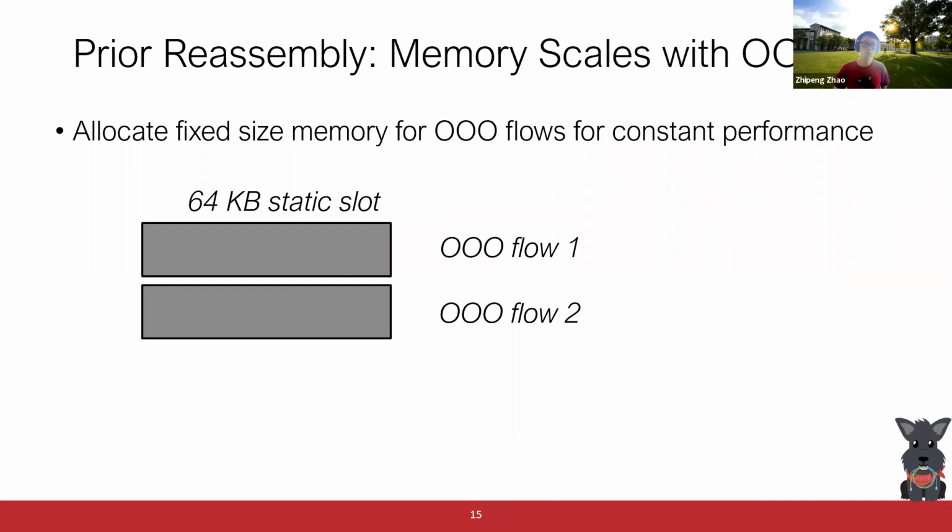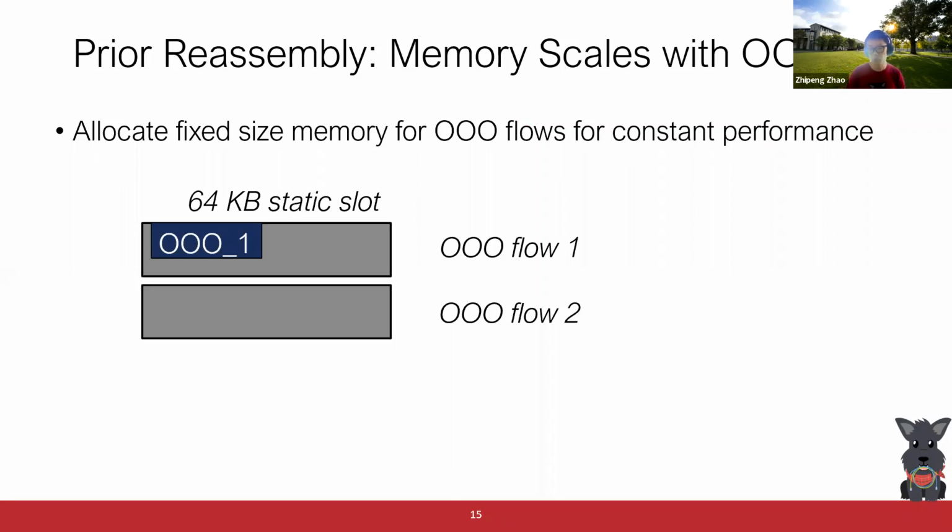So prior reassembly work was allocating fixed size memory for each of the out-of-order flows in order to achieve constant performance. And in this approach, the memory consumption scales with the number of out-of-order flows. For instance, that work allocates 64 kilobytes static space for each flow.